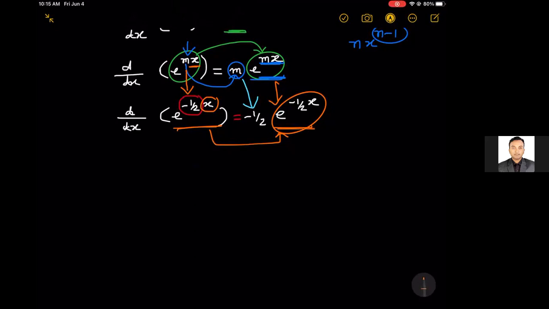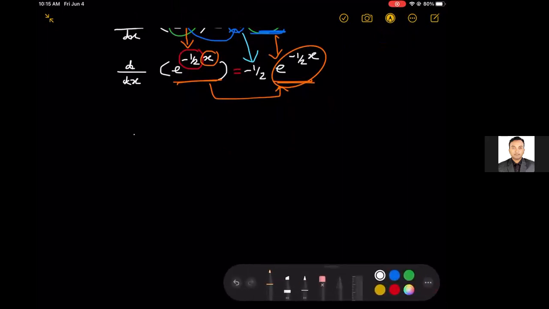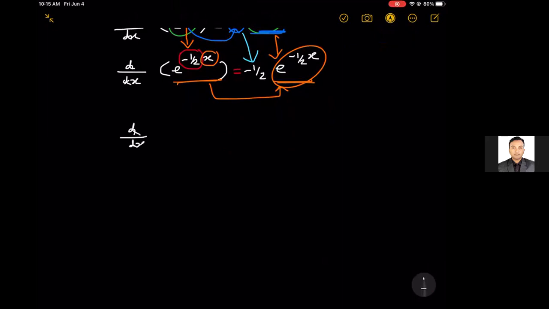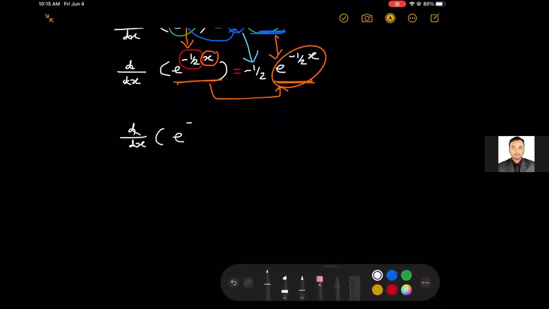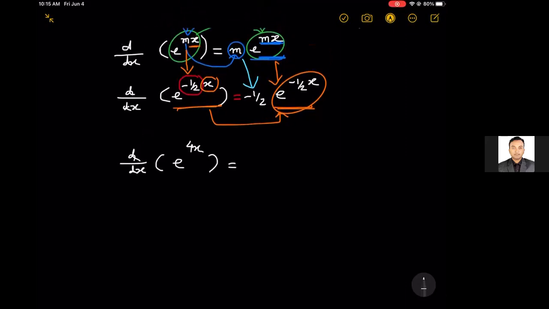Let me show you another example. Hopefully it will make more sense. Let's say we have e to the, I should try something positive sometime, so 4x. Again, this is in the form of e to the mx. It looks really clumsy, isn't it?